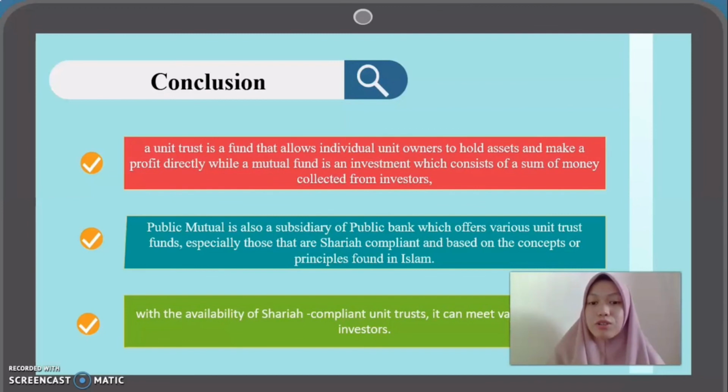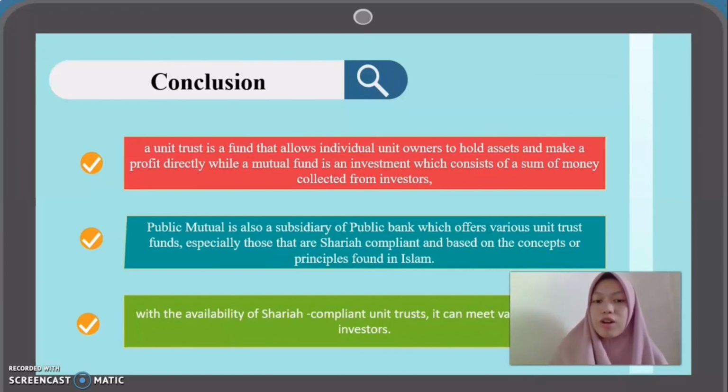In conclusion, a unit trust is a fund that allows individual unit owners to hold assets and make a profit directly, while a mutual fund is an investment which consists of a sum of money collected from investors, who are responsible for researching and managing various securities such as bonds and equities. However, Public Mutual is also a subsidiary of Public Bank, which offers various unit trust funds, especially those that are Sharia compliant and based on the concept of principal funds in Islam.